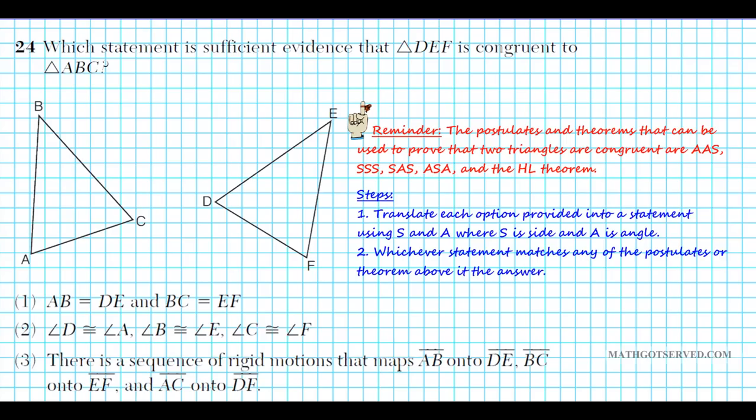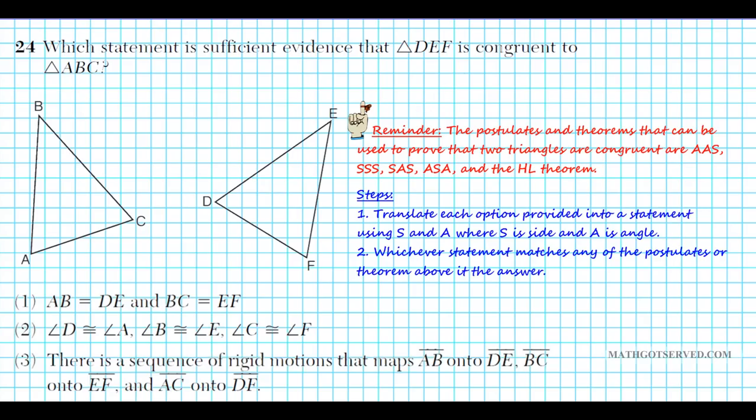All right, let's take a look at number 24, the last multiple choice question in this installment. It reads, which statement is sufficient evidence that triangle DEF is congruent to triangle ABC?